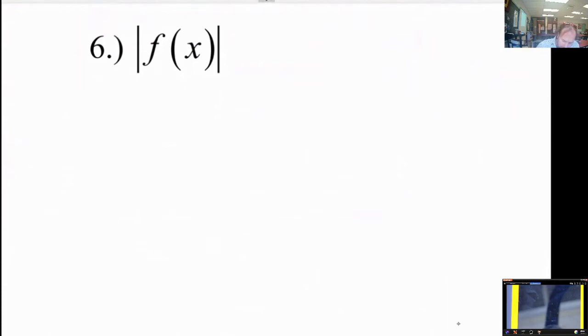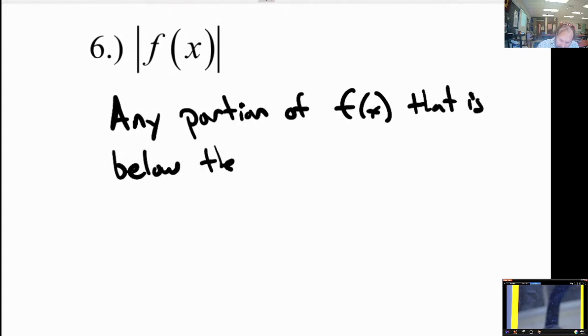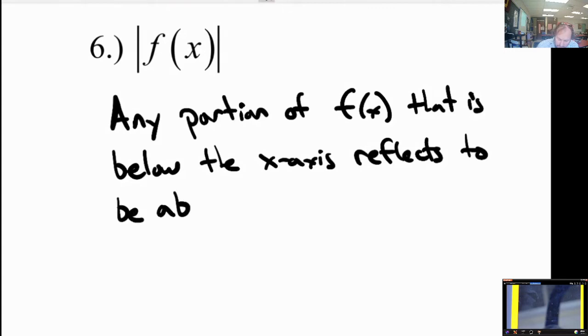So I guess the best way to describe this is with an English sentence. Any portion of f of x that is below the x-axis reflects to be above the x-axis.